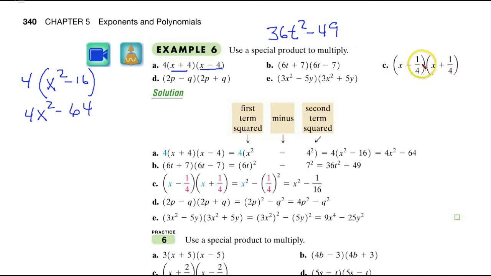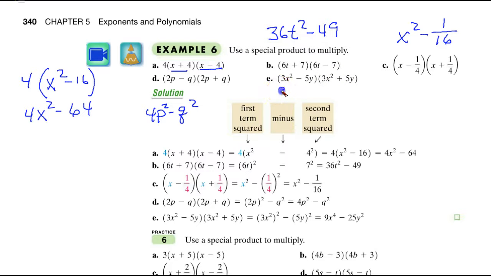Again, they're conjugates. x squared minus, now when you multiply that, that's 1/16. Conjugates, 4p minus q squared, and that's p squared too. So 4p squared minus q squared. Now are these conjugates?